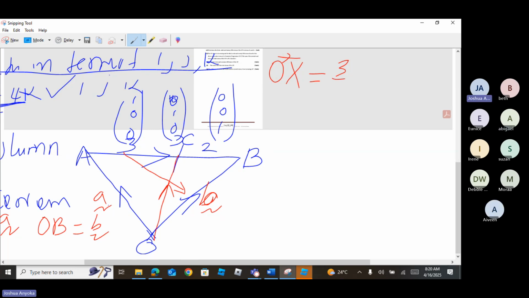Let us not use a definite number. Let us use arbitrary unknowns, divides in the ratio m is to n. So the ratio AX to XB is equal to m to n.